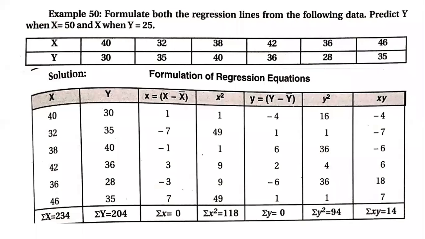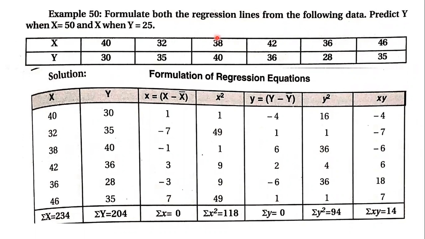Okay. Now moving on to the next problem. Here also we have to form the regression lines of x and as well as y. But there is one extra work that we have to do at the end, that is by substituting the values. First we will form the equation and then we will see what is to be done. So to form the equation, I think it's better you people try this problem and we shall discuss it tomorrow in the class once again.